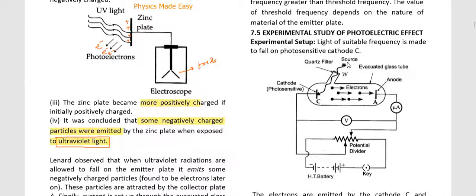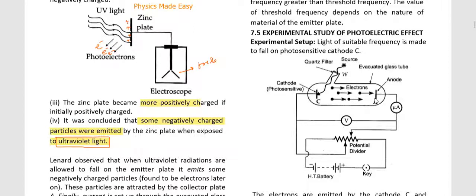So here we have got a source of light and quartz filter here. Cathode is a metal plate which is photosensitive. Light is made to fall on it. Electrons are emitted due to photoelectric effect and they are collected at anode.